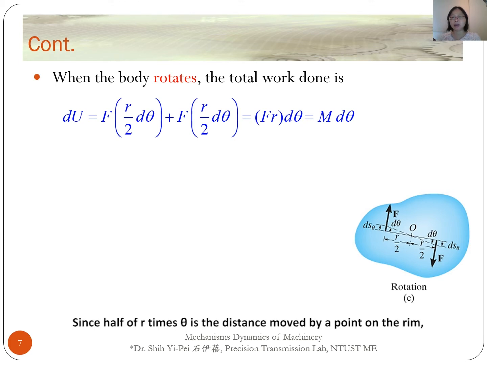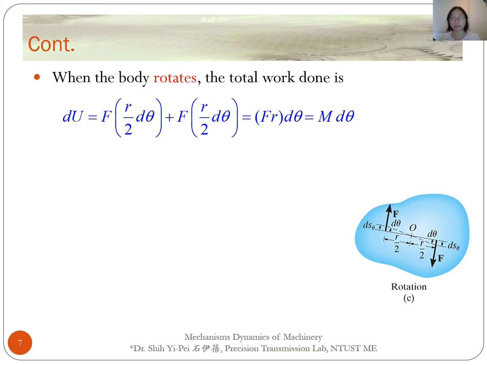Since r times d theta is the distance moved by a point on the ring, the total work dU equals the force times the distance r times d theta. We know a couple moment M is equal to the force times the distance r. So the work done by the couple dU is equal to M times d theta.